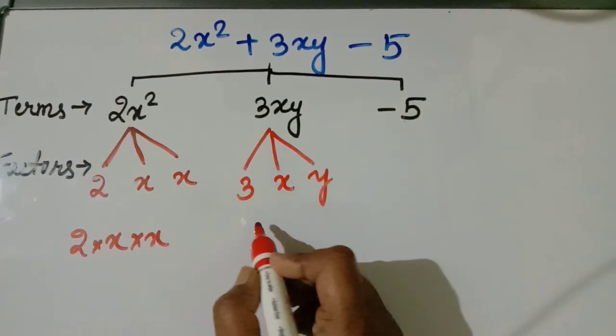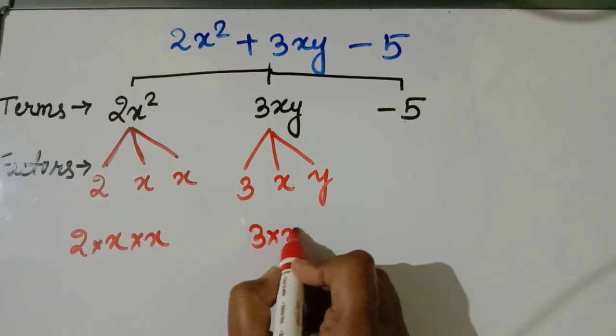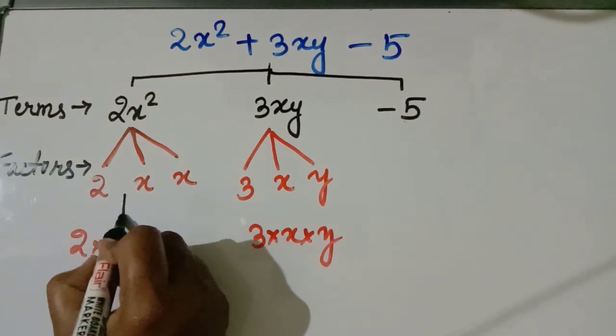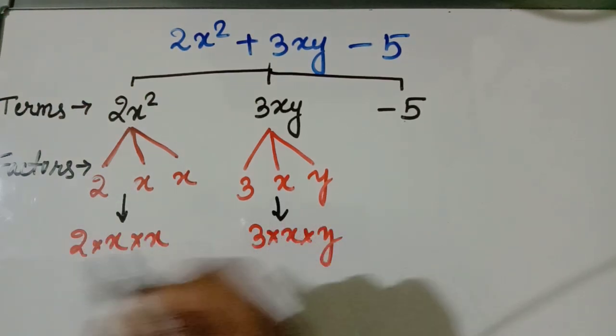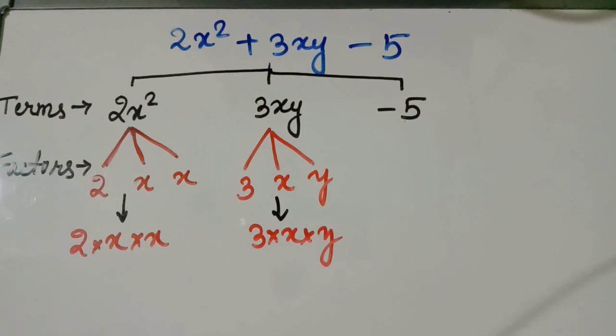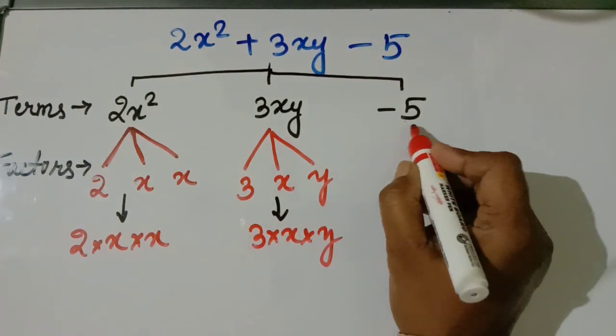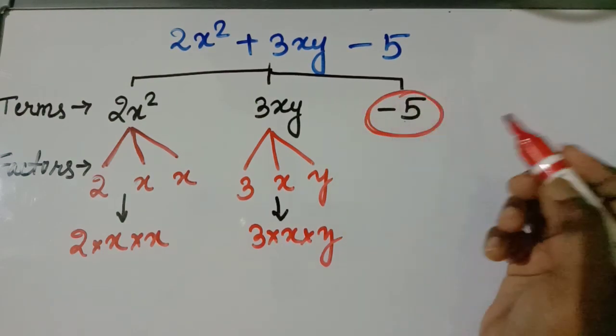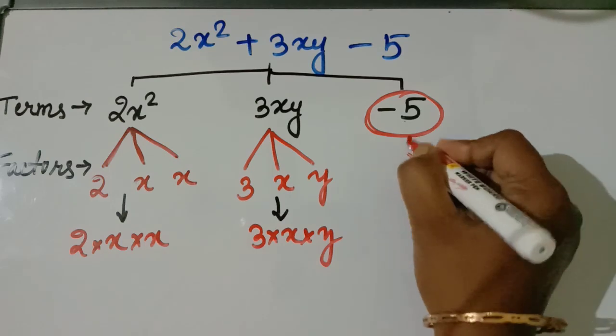So how does it form? 3 into x into y. And this 5, minus 5, is known as a constant, only a number. If it is representing only a numeral, then it is known as a constant.